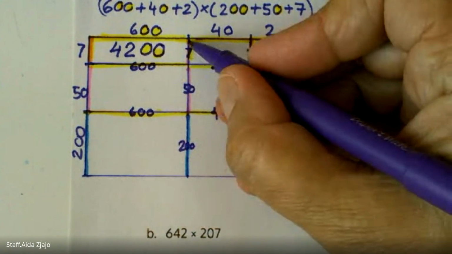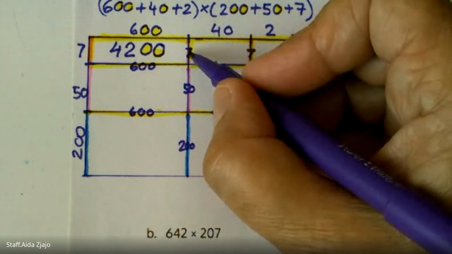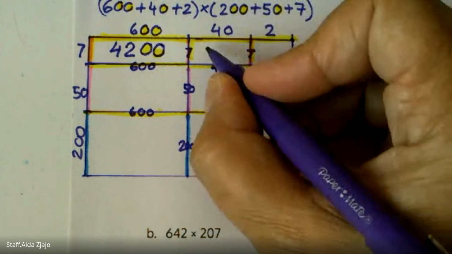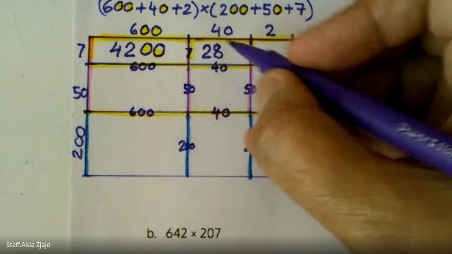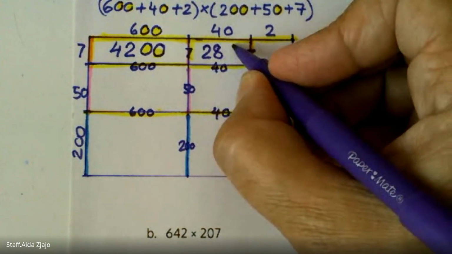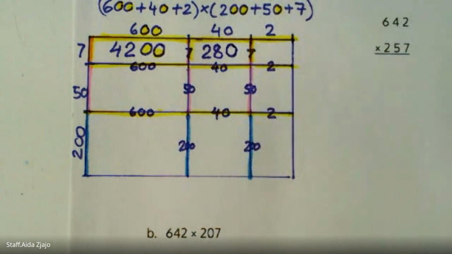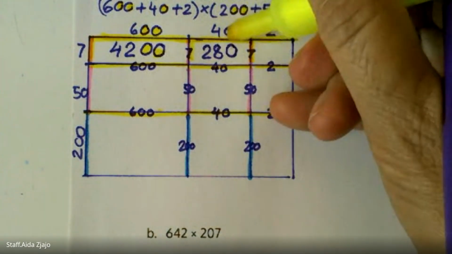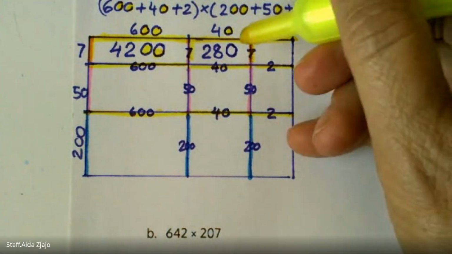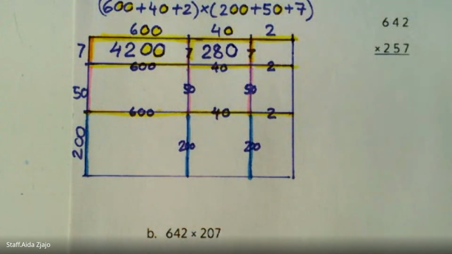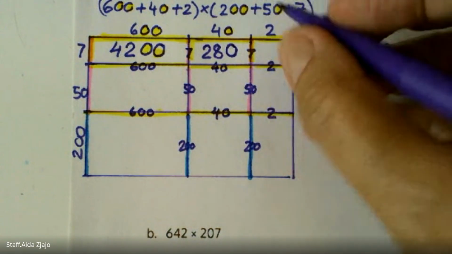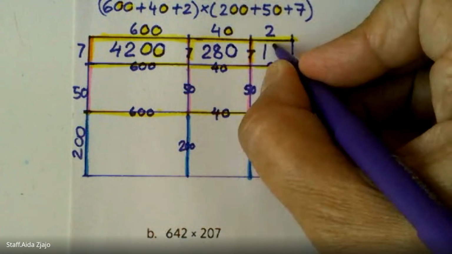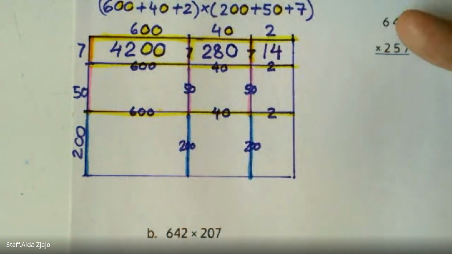Now, 7 times 40. 4 times 7, if you don't know, it's 28. But you can say 2 times 7 is 14, plus 14 is 28. And I add 1 zero because tens times 10 is 280. And this one, 7 times 2 or 2 times 7, you can skip count by 2 and get yourself 14.